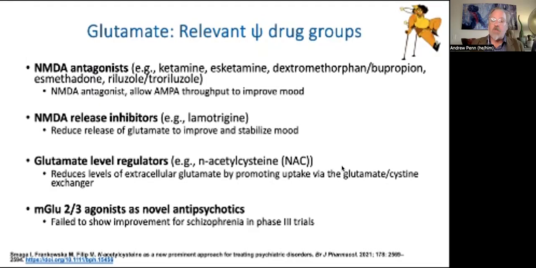We sometimes use N-acetylcysteine in the treatment of things like OCD, addictive disorders, and other kinds of compulsive behaviors. There's also been some interest in looking at metabotropic glutamate receptors as a possible antipsychotic action. That's still very much under investigation. There are no commercial drugs available that do that right now.